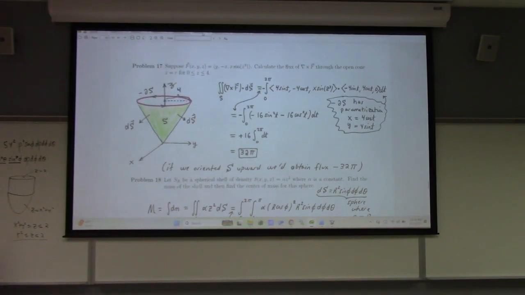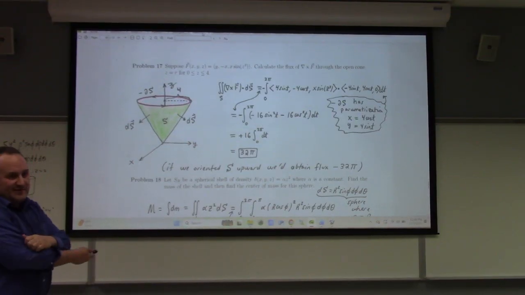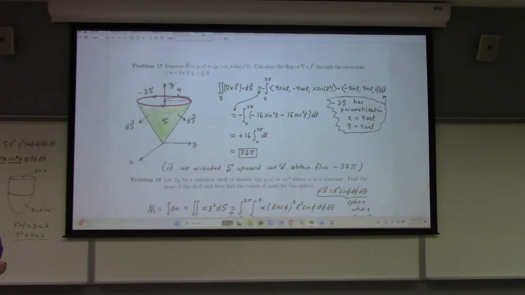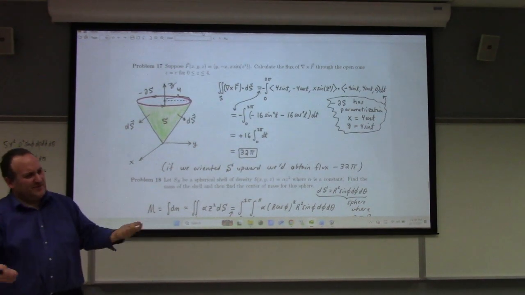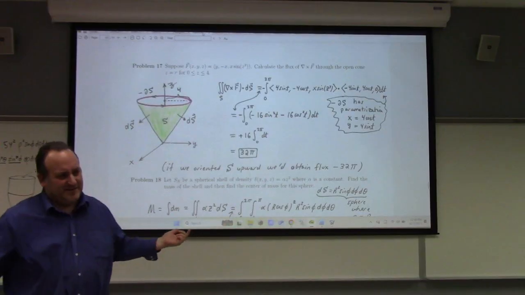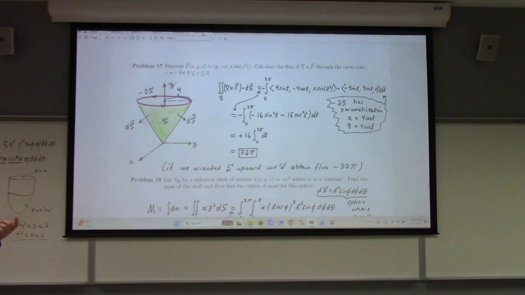The open cone. Flux of the curl through the open cone, you should be like, wait a minute. Flux of the curl, this is a Stokes' theorem problem, right? Because number one, you don't want to calculate the curl if you can avoid it, because it's a pain. It's much nicer to just integrate around the edge, and that's what we do.